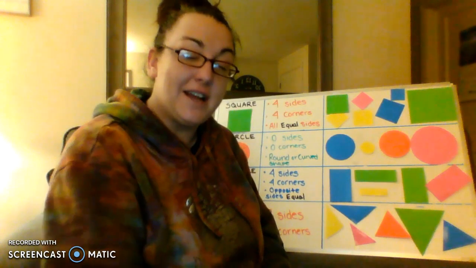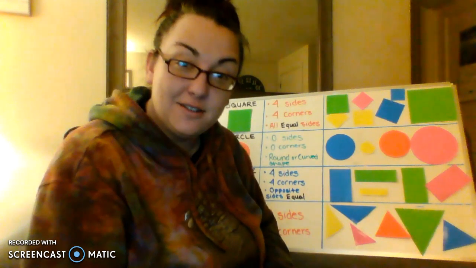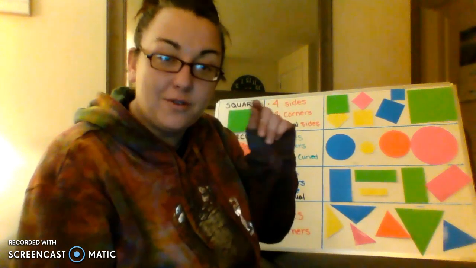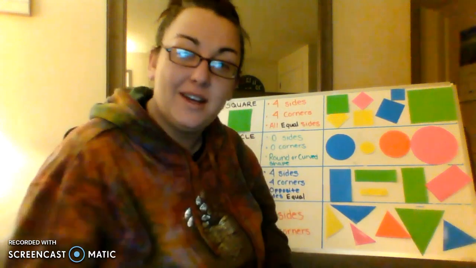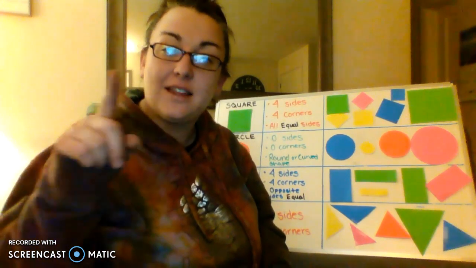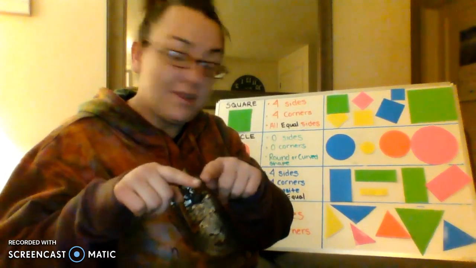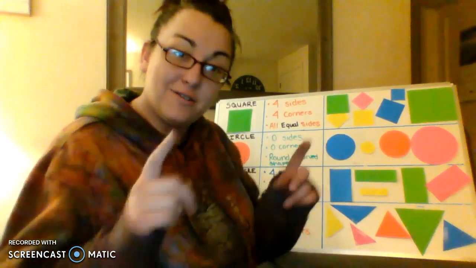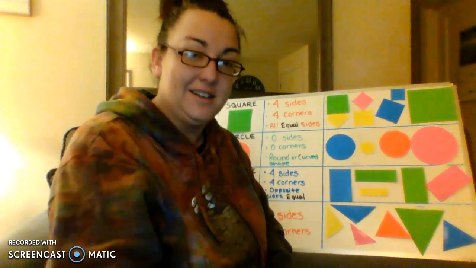All right, and defining attributes are things such as number of sides, which is the straight line of a shape, number of corners or vertices where the lines meet, all right, and the length of the sides we can compare. A square is all equal, and a rectangle has 2 long and 2 short. Those 2 are equal, but not all of them are equal, okay?